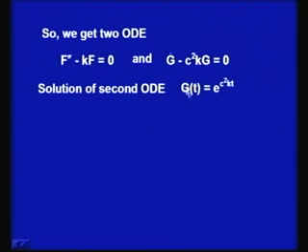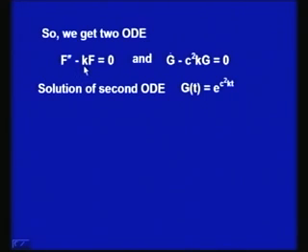Now, if this is the solution of the second equation, let us see what kind of solution of the first equation we have. The first is a second order equation. We have already done this kind of equation many times in this partial differential equations course itself. It depends upon what the value of k is.